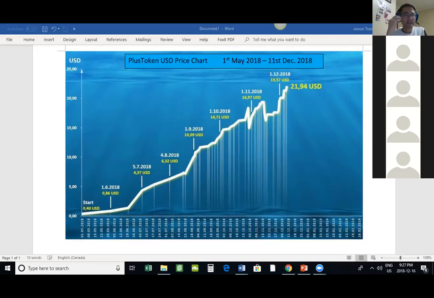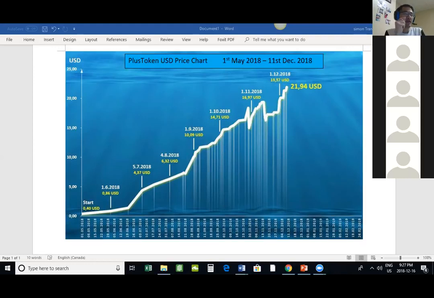Imagine, right now we have around 800,000 members, right? So it's the same situation as if these 800,000 members are buying Plustoken. Because when they make money, they don't pay us US dollars. They don't pay us Ethereum. They pay us Plustoken. It's the same as using our profit to buy Plustoken at that time.